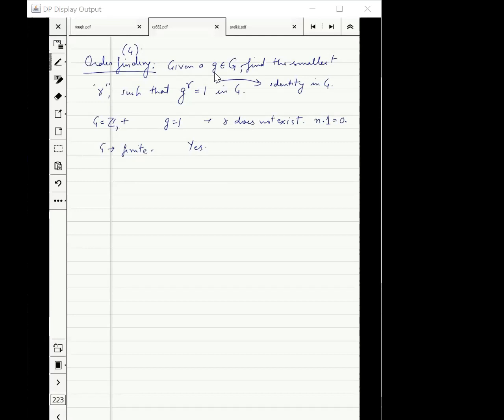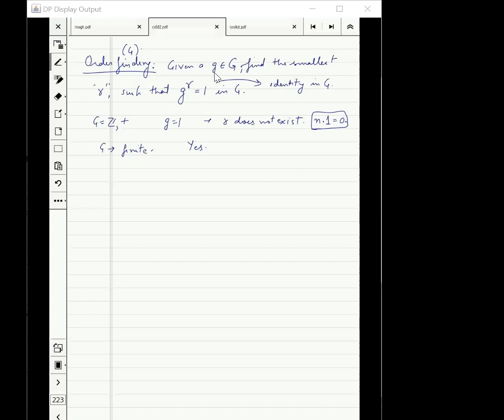But when I'm giving the example, my operation is addition. That's why I'm writing it as n times 1, which is equivalent to 1 to the power n in group notation. These things should not confuse you. Clearly in Z, such an element does not exist, but if G is finite, that will happen. Let's assume that G is finite from now.